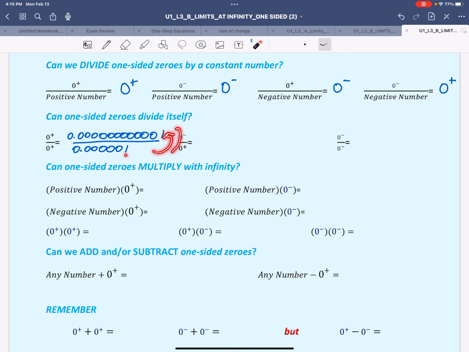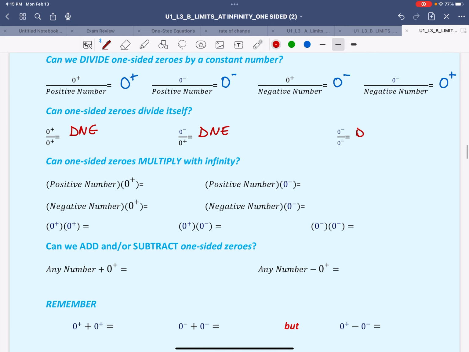And if they switch places, you get quite a big number, which means that because the sizes of each of them are indefinite, we cannot divide 0 plus by 0 plus. So therefore, we're going to say this is not possible. It doesn't exist. The same thing can be said about 0 minus and 0 plus. So we're going to say it doesn't exist. And then the same thing in here, it doesn't exist. So what that means is that whenever we are evaluating or estimating one-sided limits that end up being this expression, it means that this is undefined and we need to search for better ways to estimate that limit.